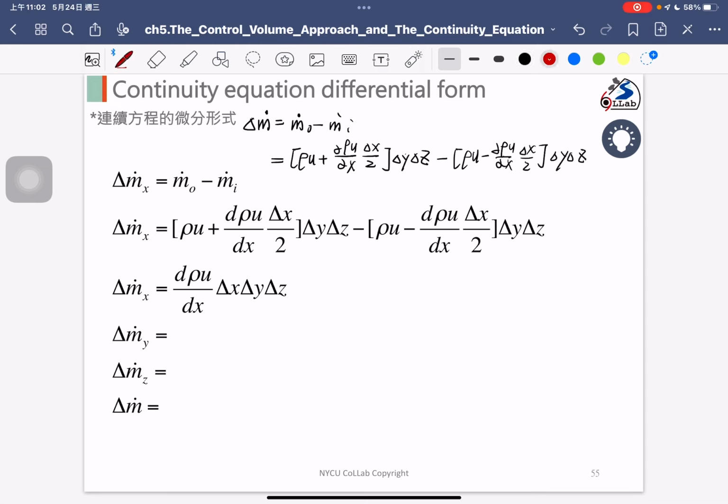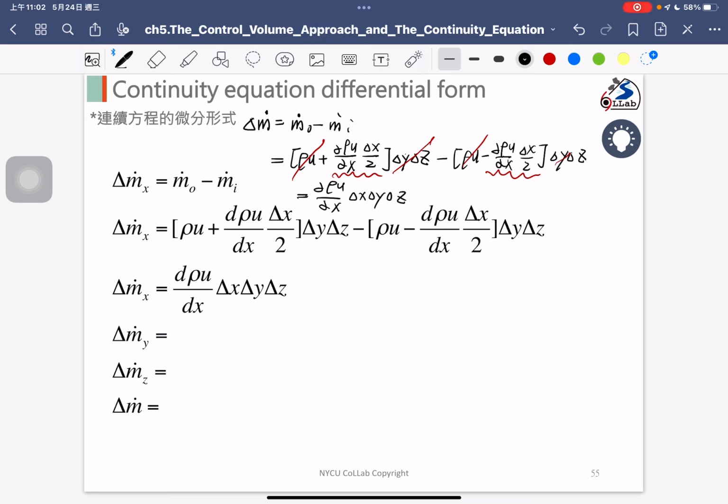The ρu terms cancel out, and we only have the terms for the linear gradient. Finally, we only have ∂(ρu)/∂x times Δx Δy Δz.